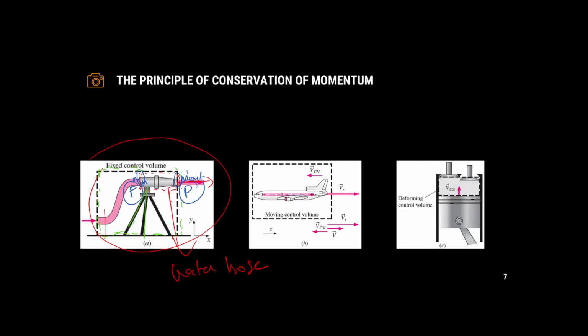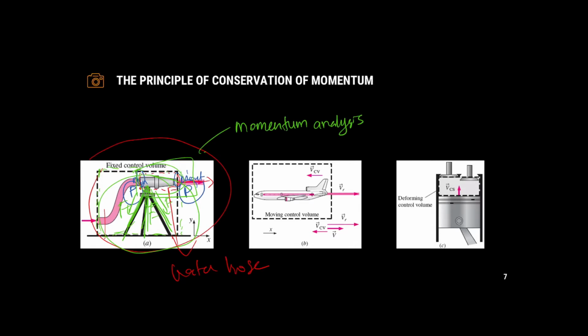If you look carefully, this is the tripod that holds the nozzle of the water hose, and definitely it provides a specific force that keeps the nozzle from wiggling or falling down. So our job in this video is to understand what is the reaction force that can anchor or hold the position of the nozzle. We call this analysis momentum analysis.